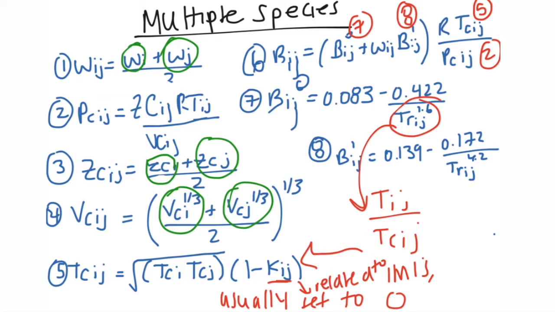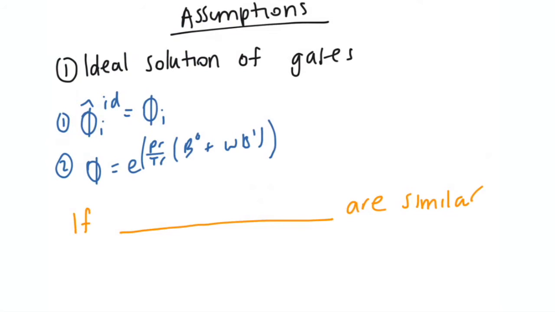Okay, and that's to find your B11, B12, B22. And also know that B11 or B22 is the same thing as B1 or B2. So you can use the first equations I ever showed you of the Pitzer method. Okay, this is just used for finding your B12, B21 sort of thing.